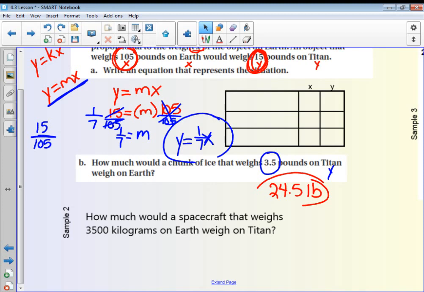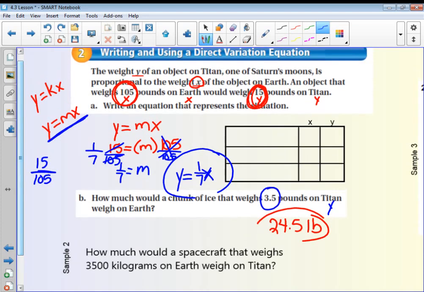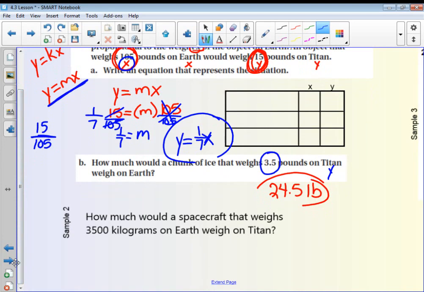So this time they're giving me the Earth information. Okay, and remember up above, Earth was our x. Okay, so we have y equals 1/7, and then x is 3,500. So we're substituting in. Okay, this is my Earth weight, so that was my x. So that's why I put it where I have x in my equation.